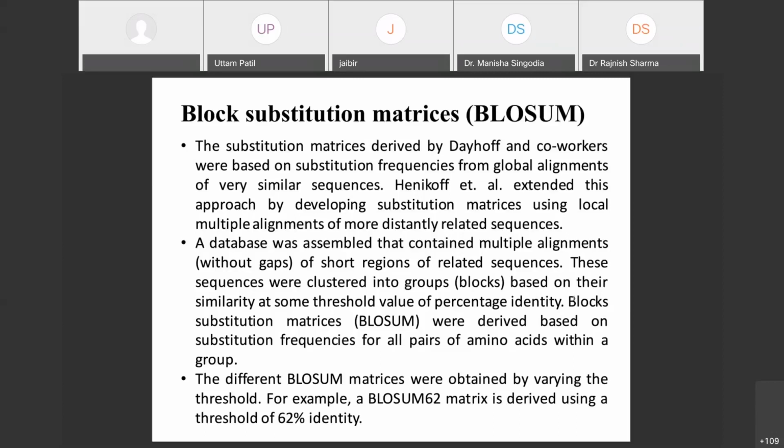So the block substitution matrix, or BLOSUM, was derived based on the substitution frequency for all pairs of amino acids. The different BLOSUM matrices were obtained by varying the threshold. For example, a BLOSUM 62 matrix is derived using a threshold of 62% identity. There would be a BLOSUM 45 matrix, a BLOSUM 80 matrix, derived using the given threshold.